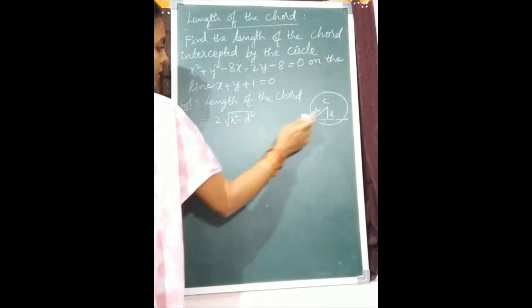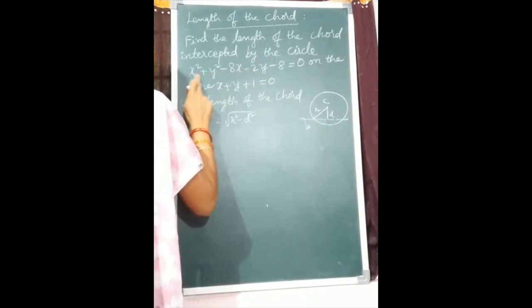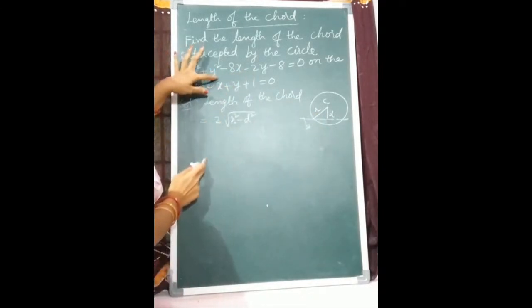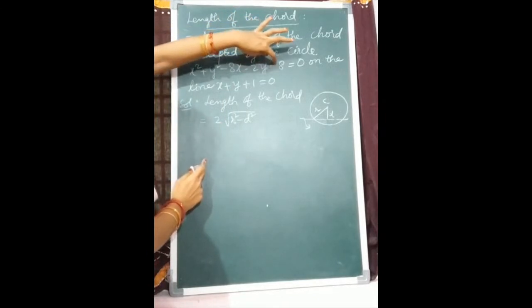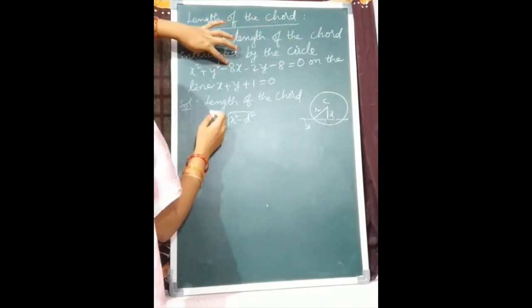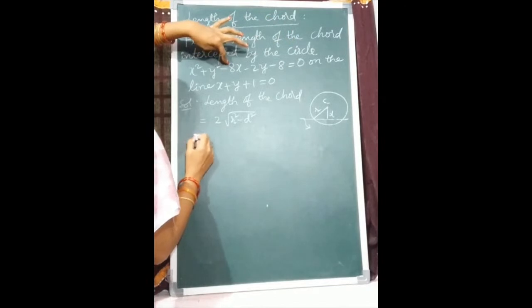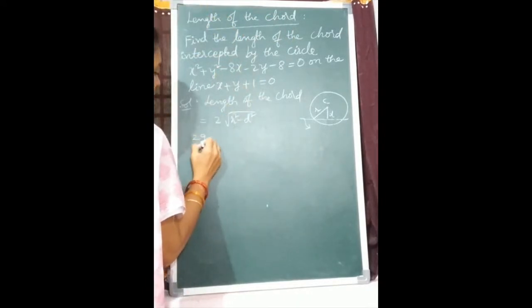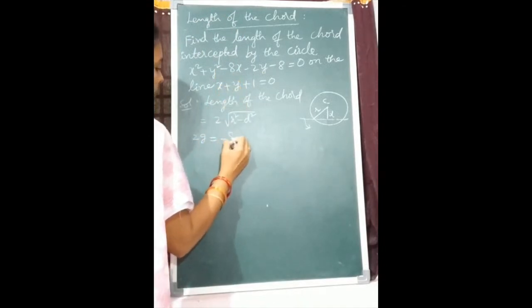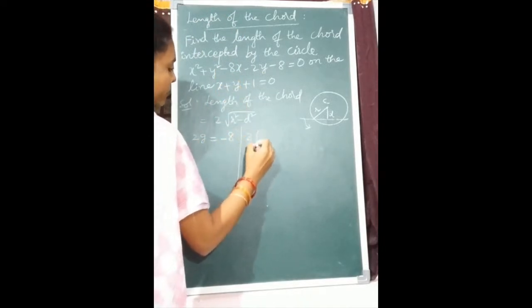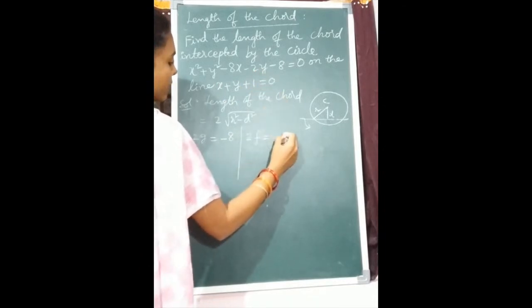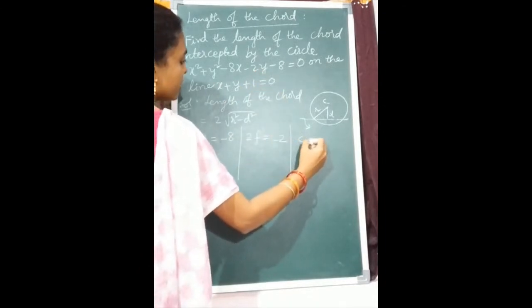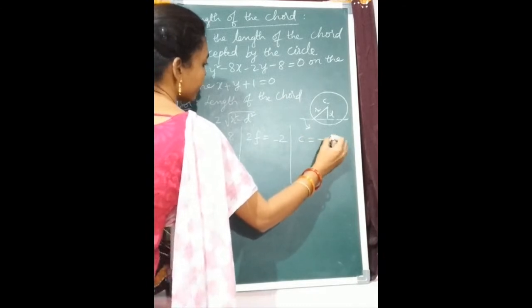R means radius. So given the circle x square plus y square minus 8x minus 2y minus 8, here we have to find the center, minus g, minus f. 2g is equal to minus 8, 2f is equal to minus 2, c is equal to minus 8.